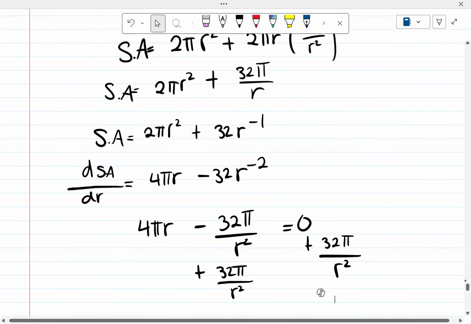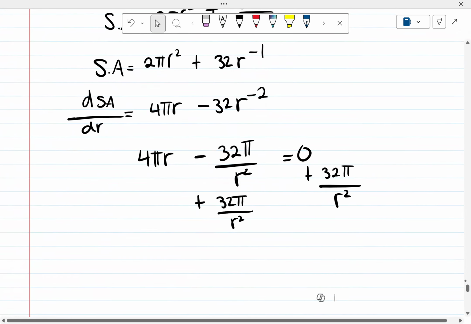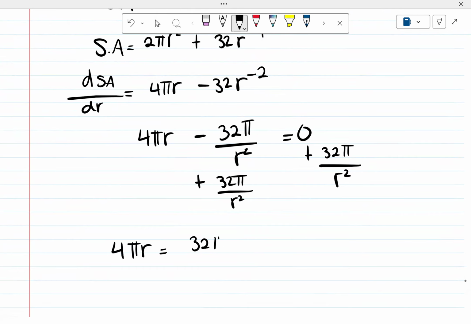you get 4 pi r equals 32 pi over r squared. And then our goal is to solve for r and h, so cross multiply.